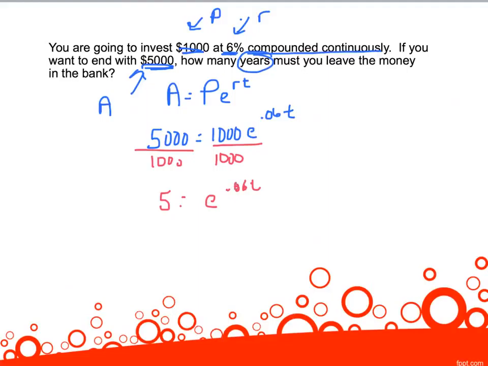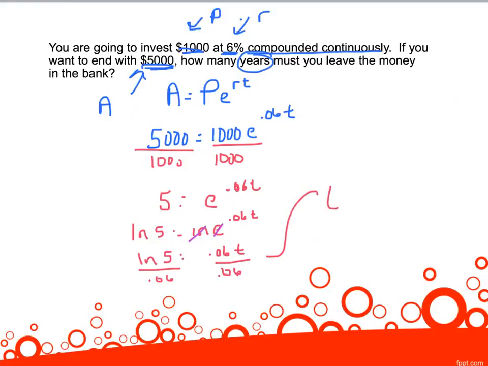And I want to get T by itself. So to get rid of an e to the, I'm going to do the natural log of both sides. But the natural log and the e are going to cancel. So I have the natural log of 5 equals 0.06 T. And I can divide both sides now by 0.06.